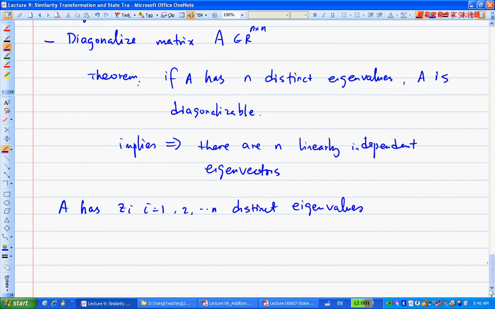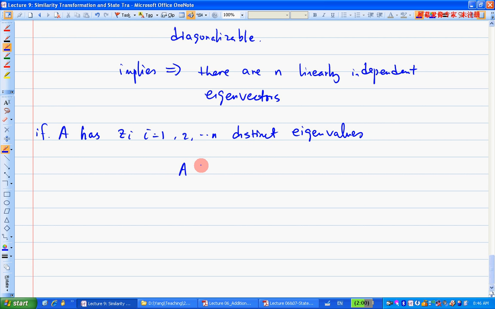Then the eigenvector is defined by A multiplied by p_i equal to z_i times p_i. So p_i is the eigenvector with respect to this z_i.